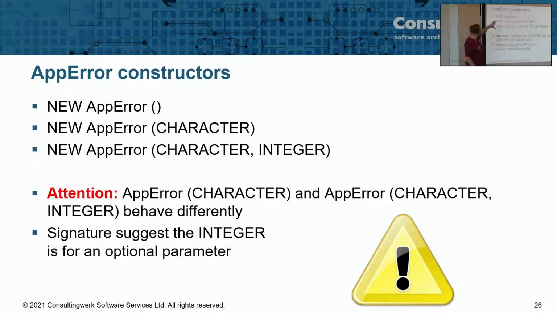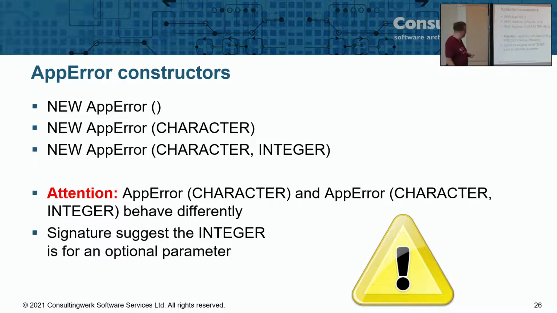And if I would look at this in any other class reference and I see, oh, there's the integer as an additional parameter, I would consider the integer being optional. But what happens here is the integer, whether you use it or not, changes the meaning of the character parameter. So this one here is creating an error without a message, but with the return value property. And the second one creates an error without a return value, but with an error message.